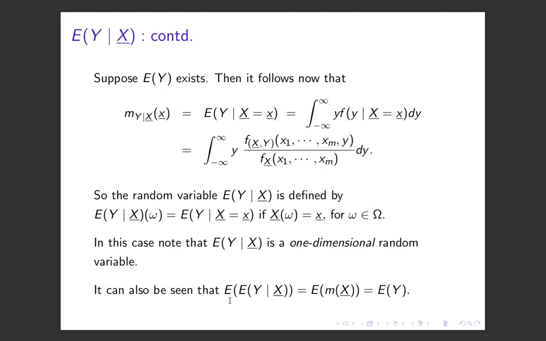And as in the earlier case, we can show that whenever the expectation of y exists, the expectation of the conditional expectation of y given x bar is precisely the expectation of y. Note it down if you want.